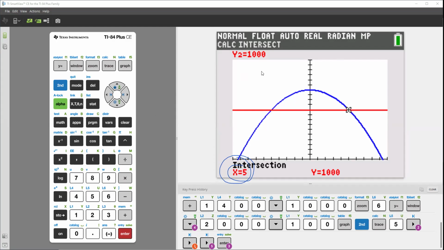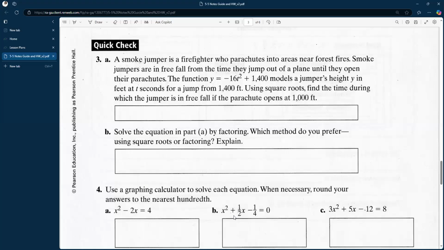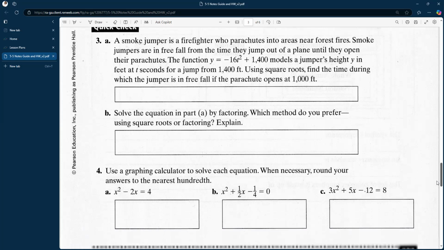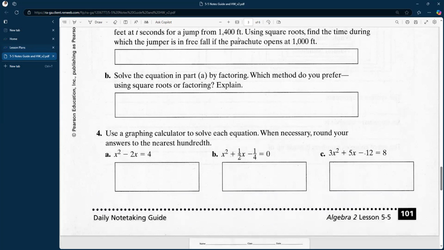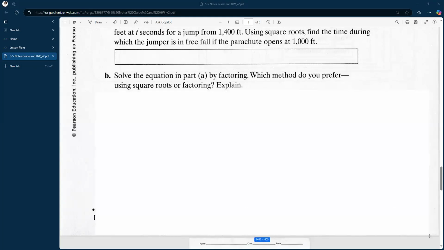Continuing with the problem. The second part says, now that you've solved using square roots, solve by factoring. And which one do you like? Explain. So giving ourselves some room to work on this problem. This is our equation.